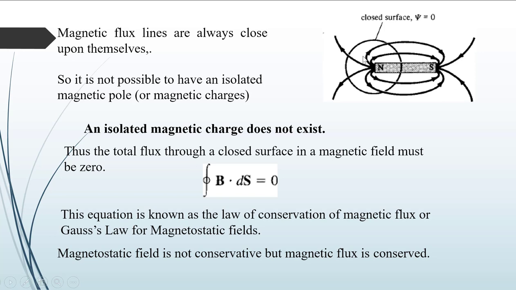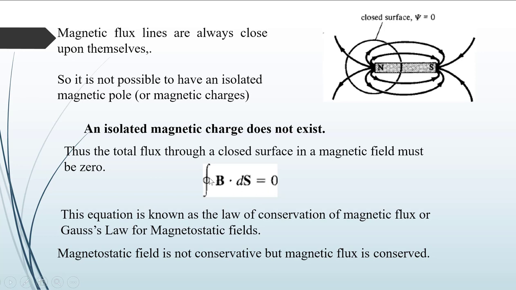This means the total flux through this surface is equal to 0. This means the closed integration of B bar dot dS bar is 0. Total flux crossing a closed surface in a magnetic field must be 0.